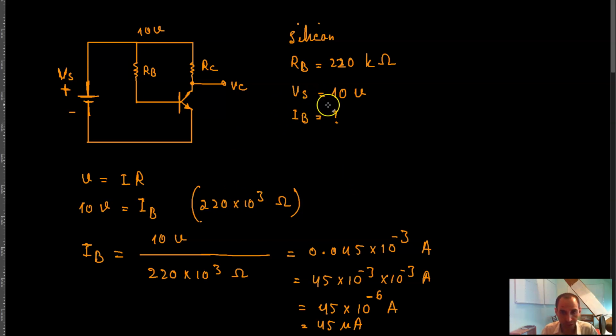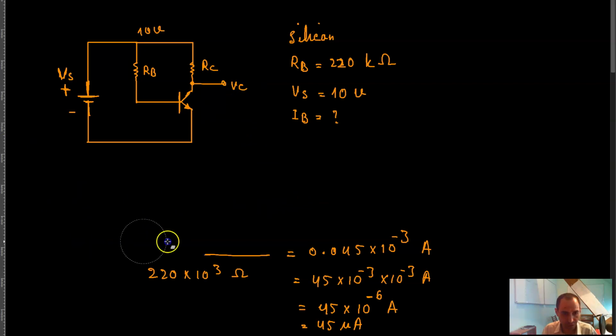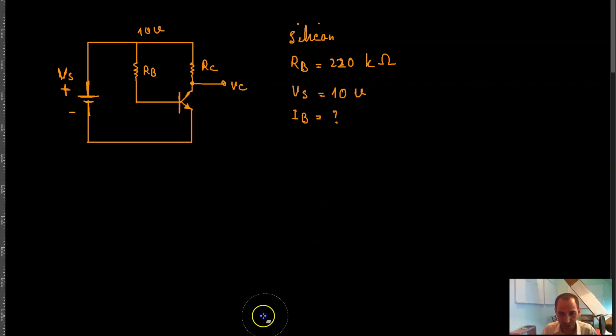So now if we got 45 microamps for the base current, let's do a couple of calculations for this V of C, or they have called it V of O here, which I think refers to V of output, because this voltage is usually used as output for some other circuit.